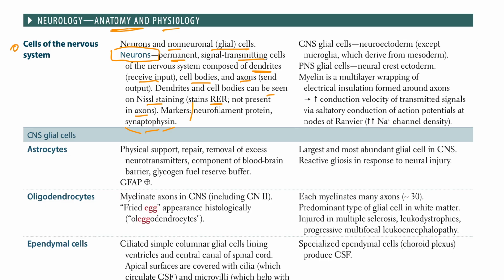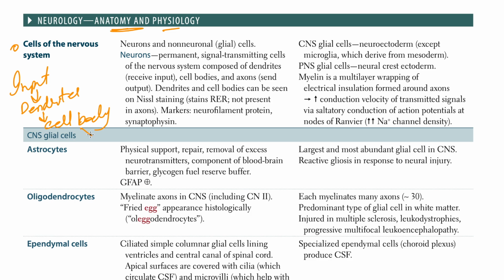Okay, so let's just draw this so that it's easy to recall and to understand. So we have the input. Input is to the dendrites. Through dendrites, we have the cell body, right?